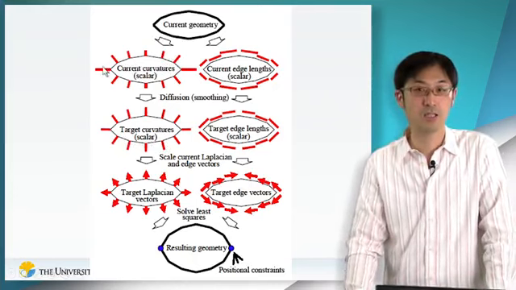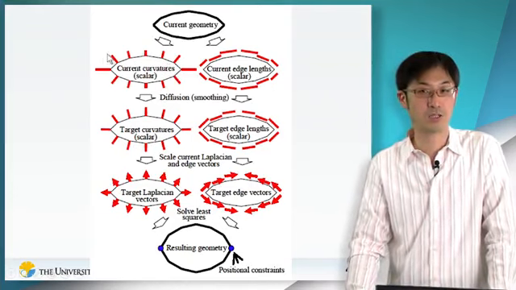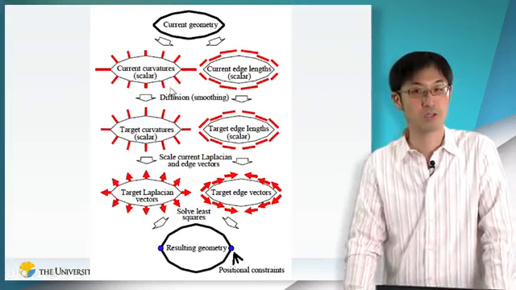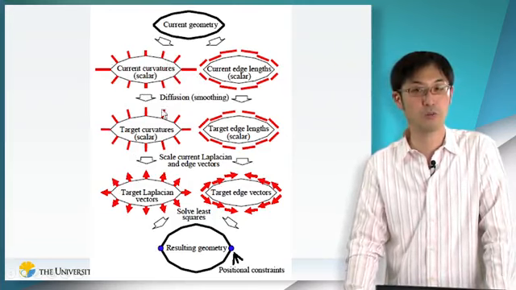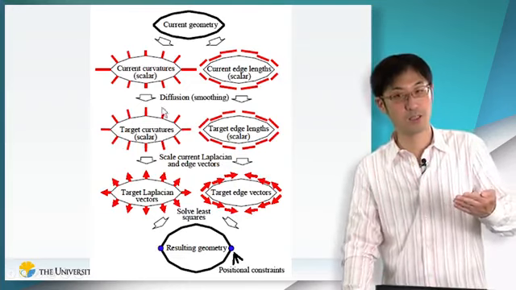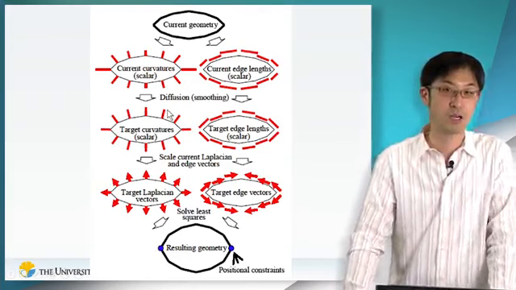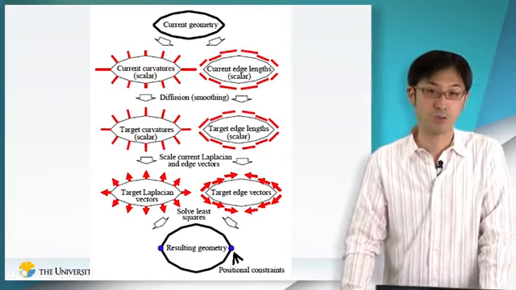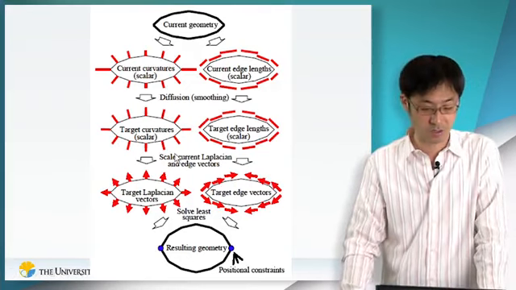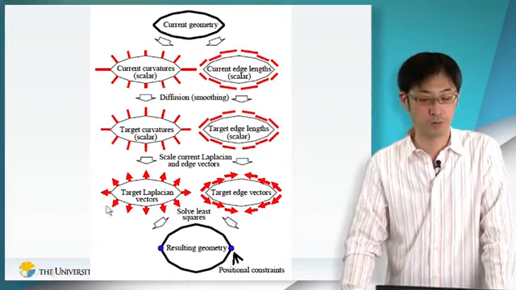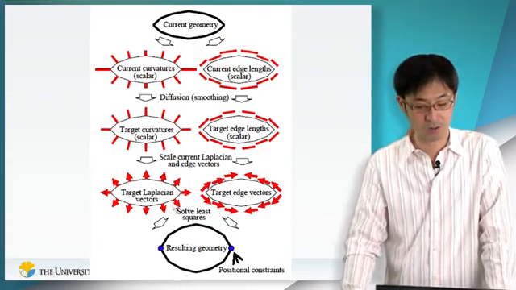As you see, originally curvature has many variations, but by smoothing out, you get more uniform target curvature values. So we try to obtain these curvature values. And from these curvature values multiplied by a surface normal, you get target Laplacian vectors. So we try to obtain these Laplacian vectors.